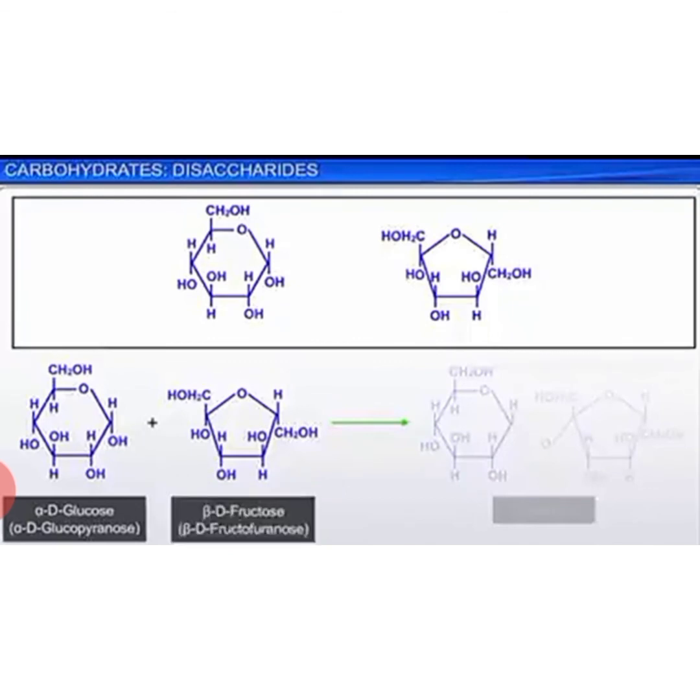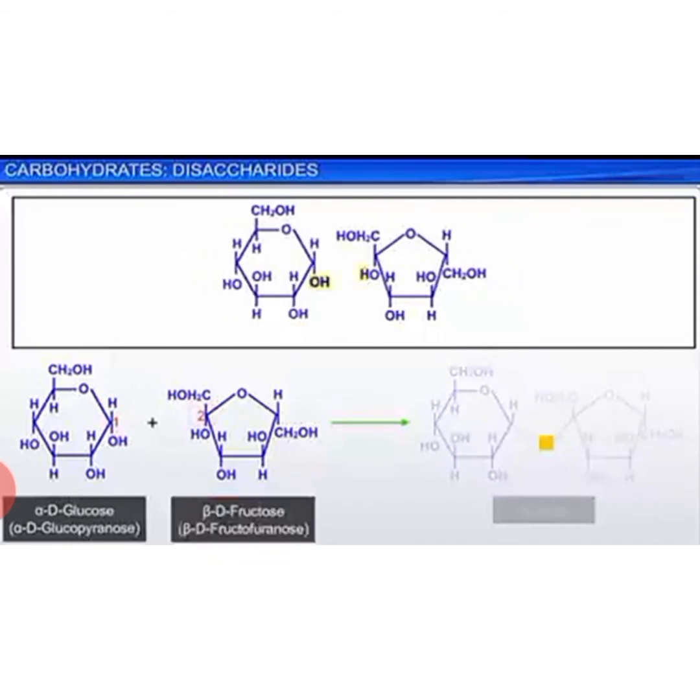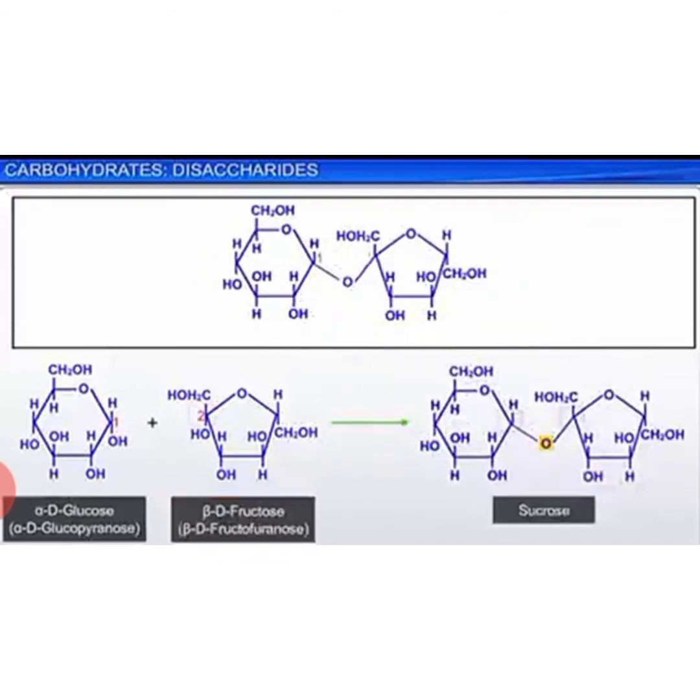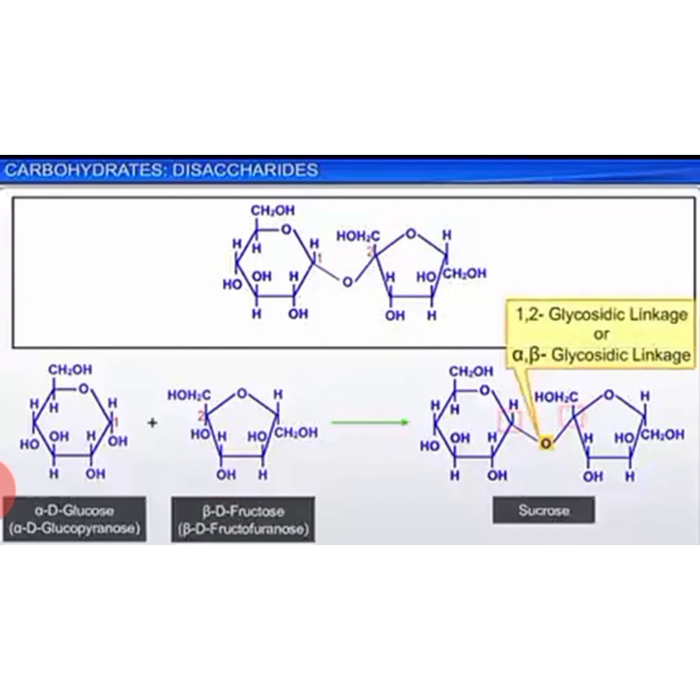These two hexose units are joined by a glycosidic linkage that is formed between the C1 of alpha-D-glucopyranose and the C2 of beta-D-fructofuranose. Note that the loss of a water molecule results in the formation of 1,2-glycosidic linkage or alpha-beta glycosidic linkage.